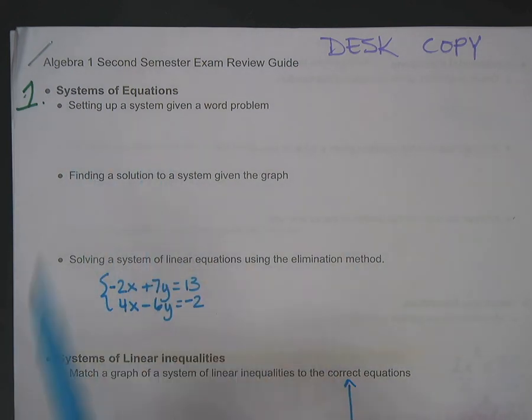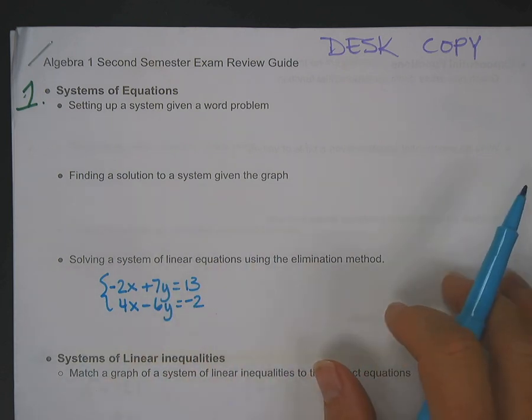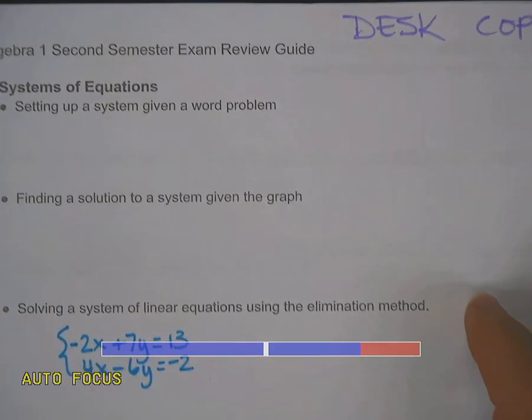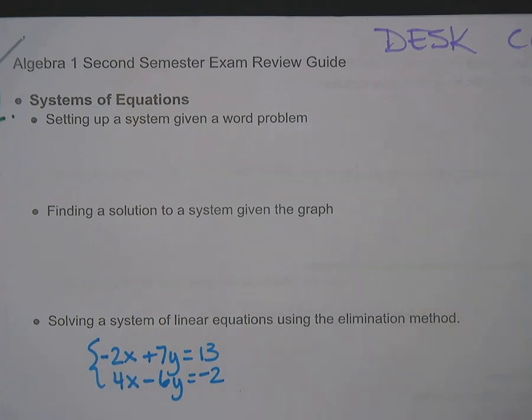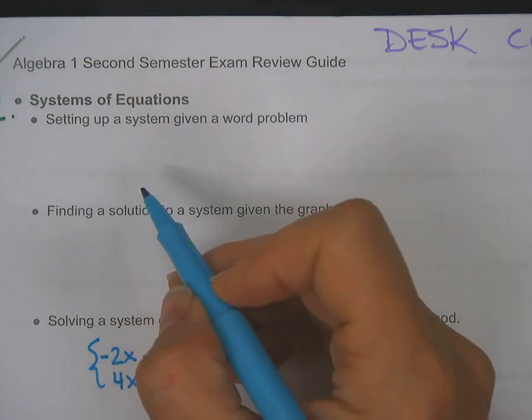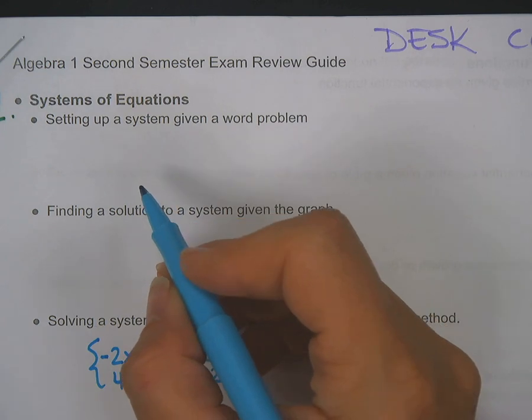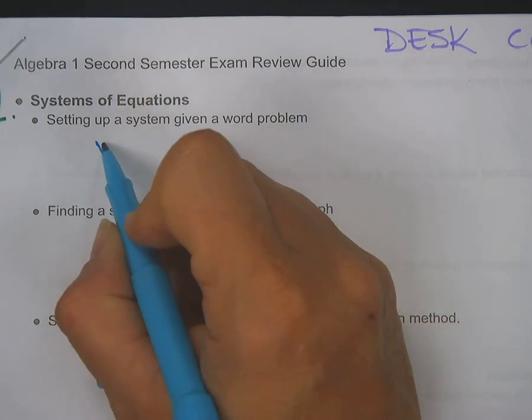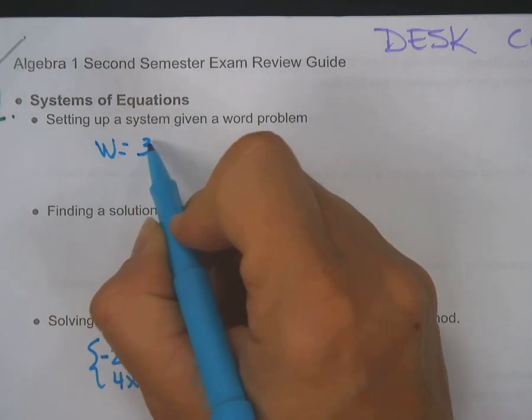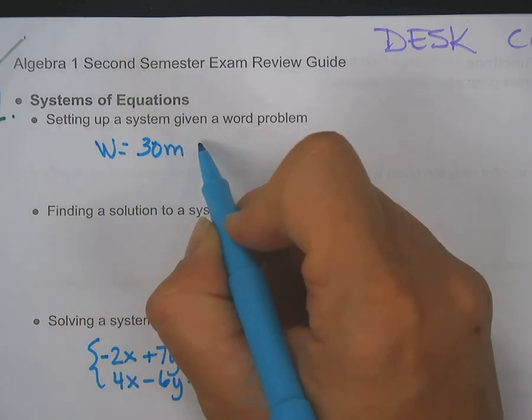The first thing you're going to be asked to do is set up a system given a word problem. So the word problem may say something like this: Workout Plus offers a membership for $30 a month plus a $100 startup fee.